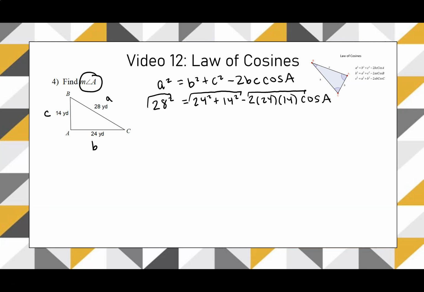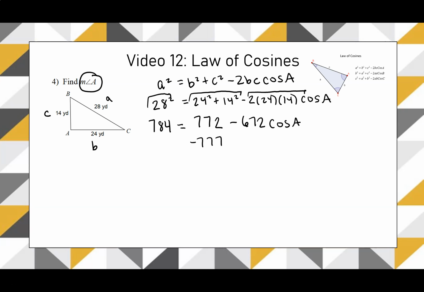So that's going to give me 784 equals roughly 772 minus 672 cosine A.